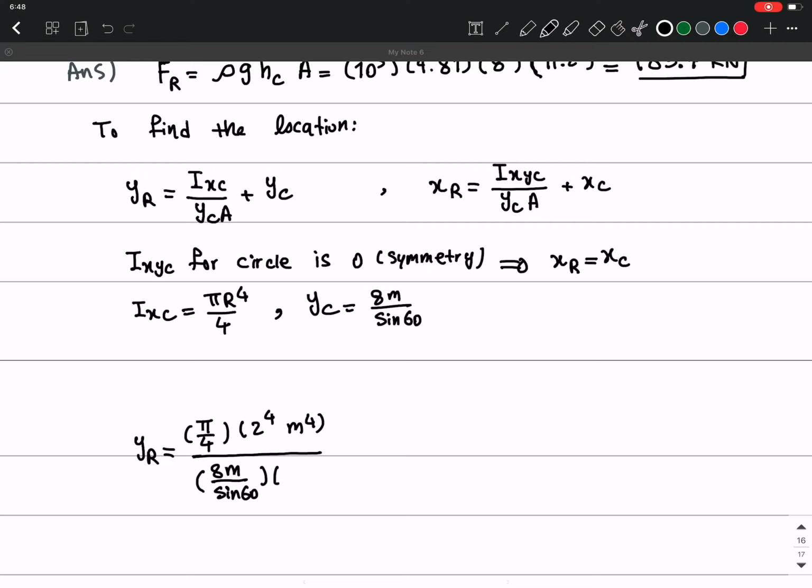So we are going to have pi times 2 to power 2 and meter square.